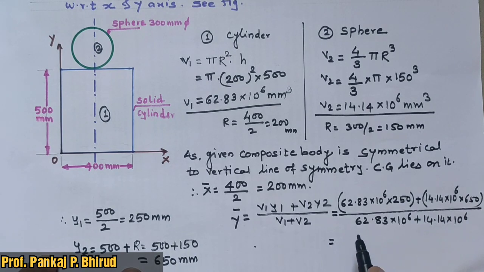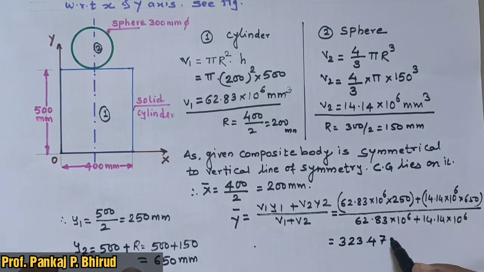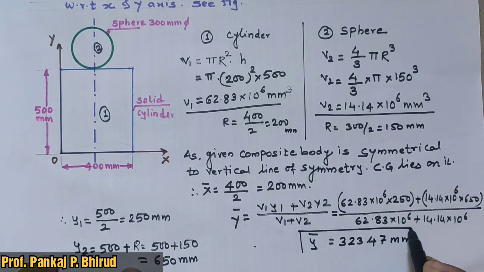By calculating, we'll get y bar equal to 323.47 mm. So this is y bar.